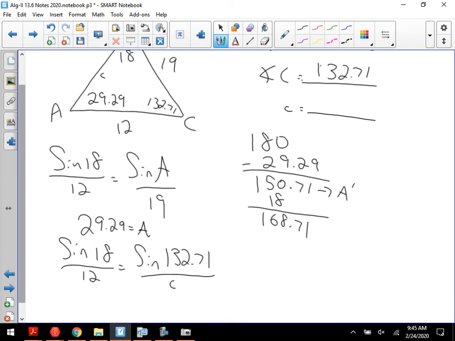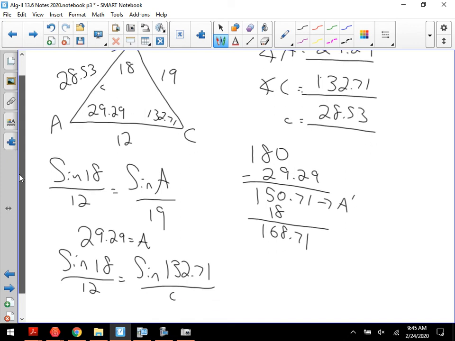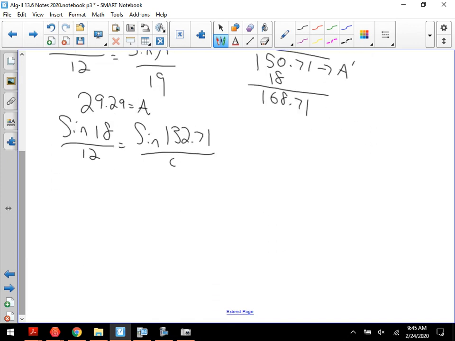I get 28.53 for this guy. So far, so good? All right, redraw your triangle. So we know we have a second triangle. Move this up a little bit here.